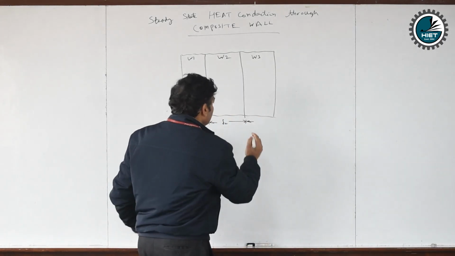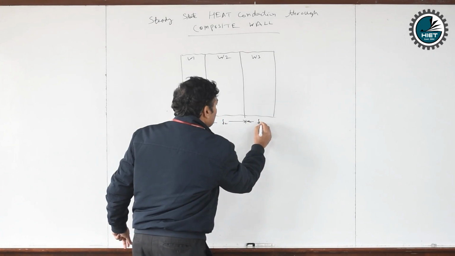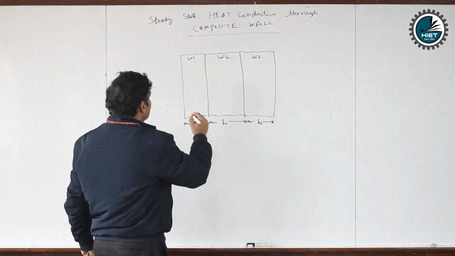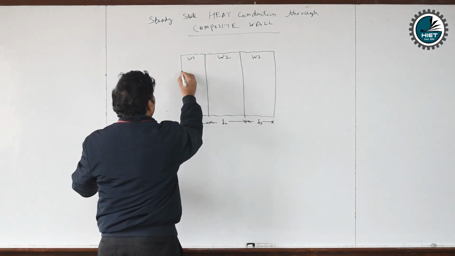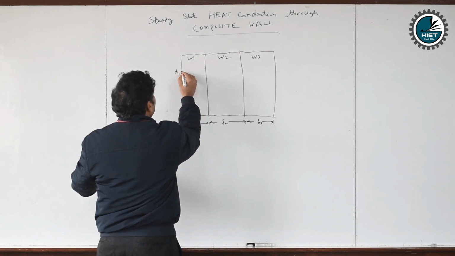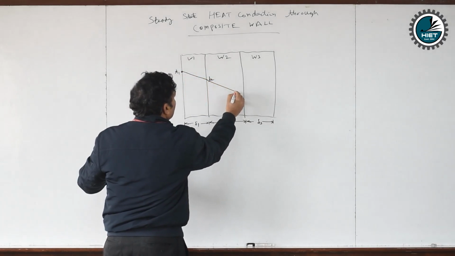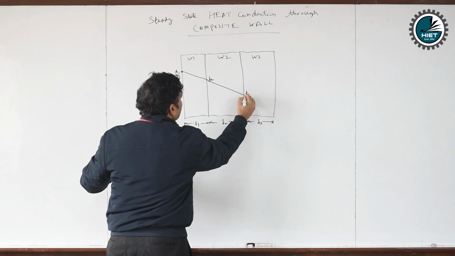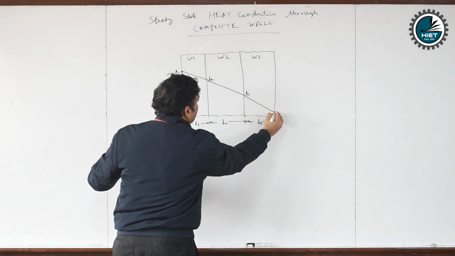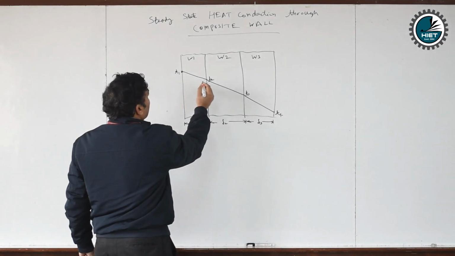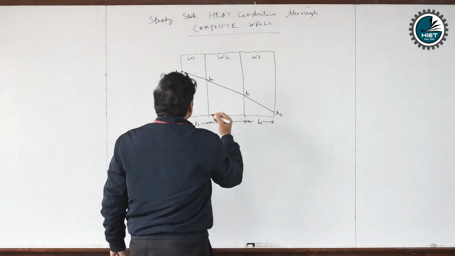Okay students, del 3 is the thickness of wall 3. Let me assume that the temperature of the first wall is T1, then T2, then T3, then T4. So we have T1, T2, T3 and T4.